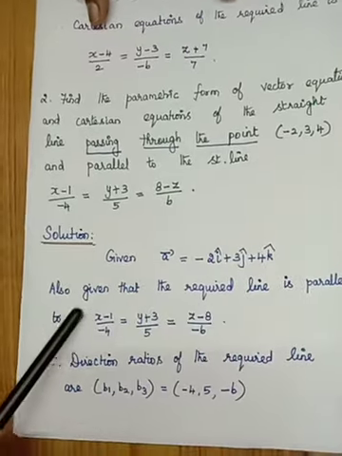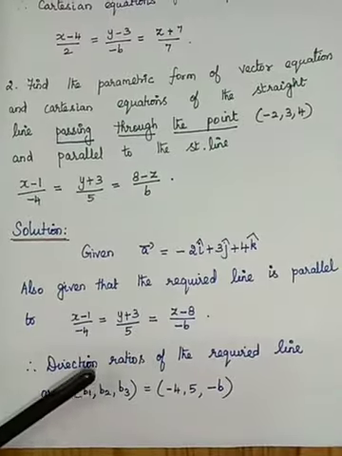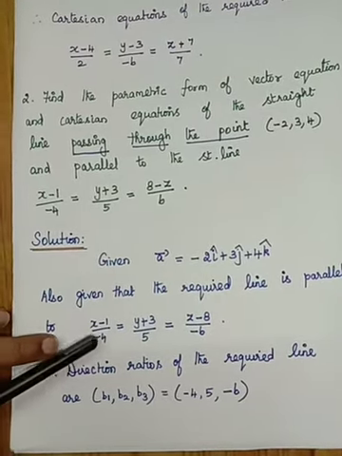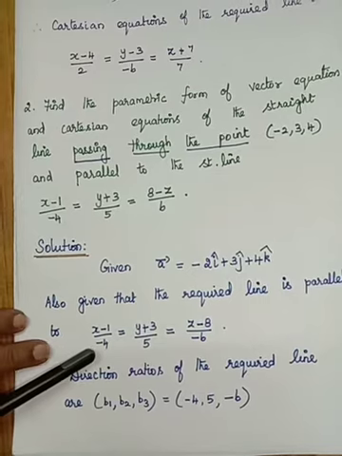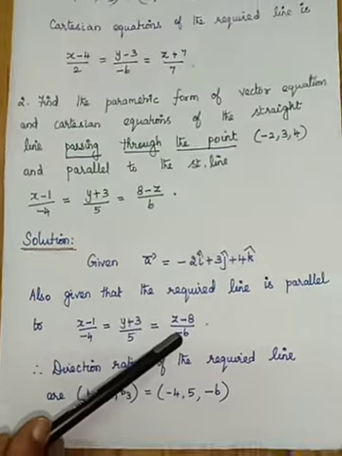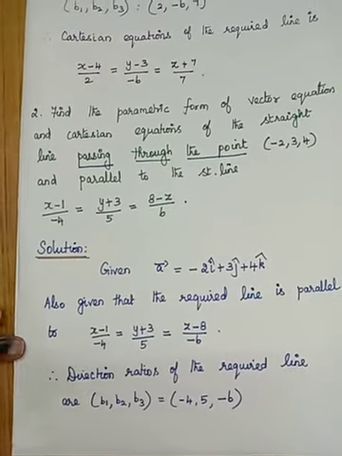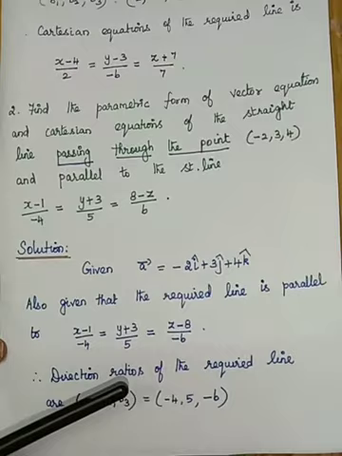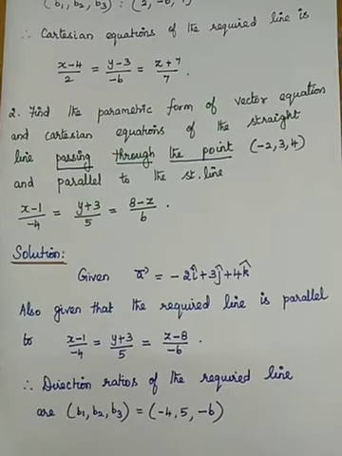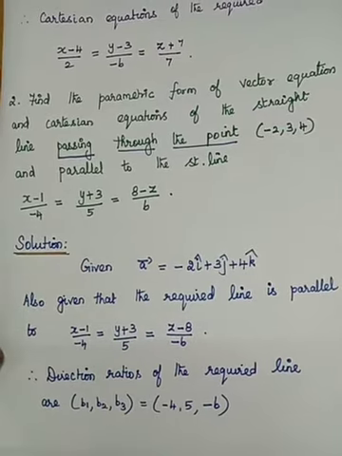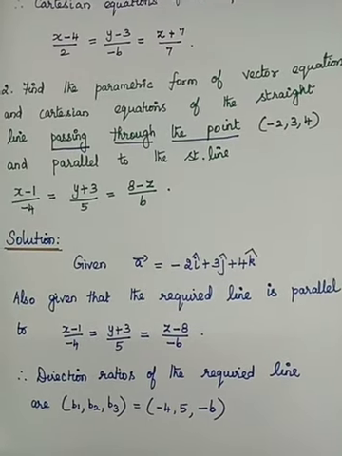Okay, so we have to bring the standard form of the line. What are the direction ratios of this given line? That is minus 4, 5, minus 6. And how is your required line? Your required line is parallel to this given line, so both the direction ratios are proportional.